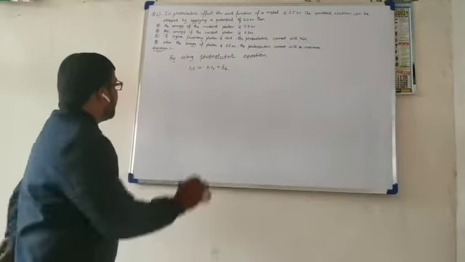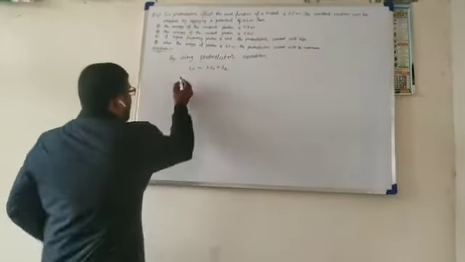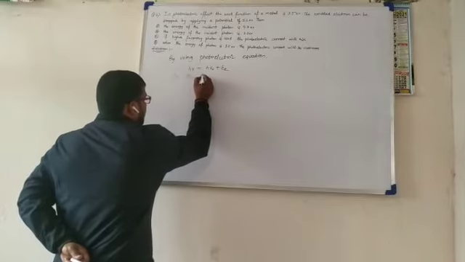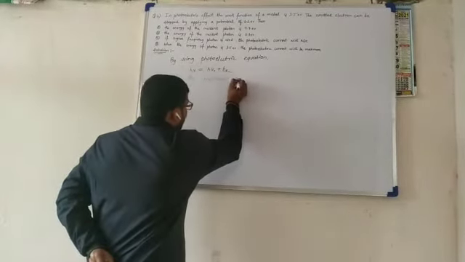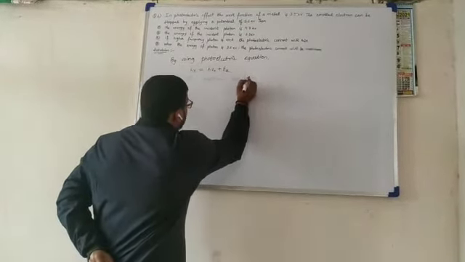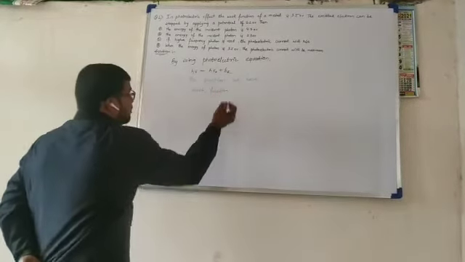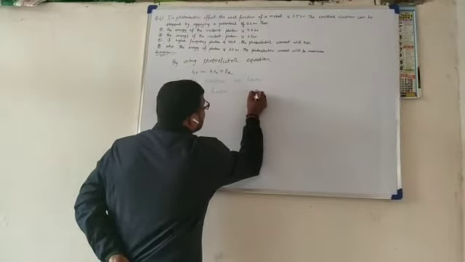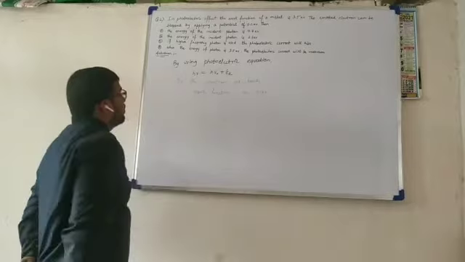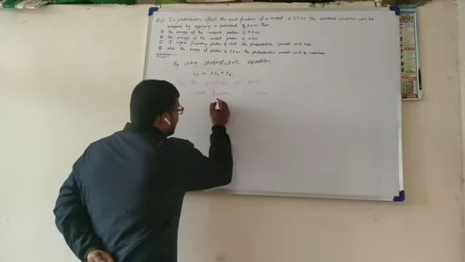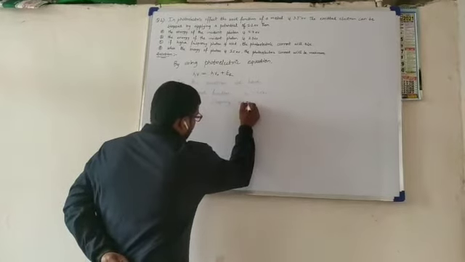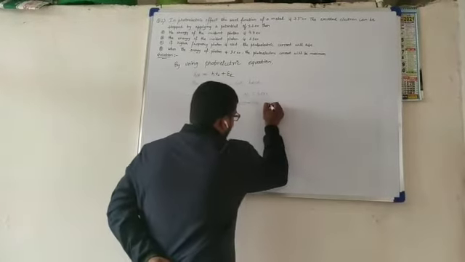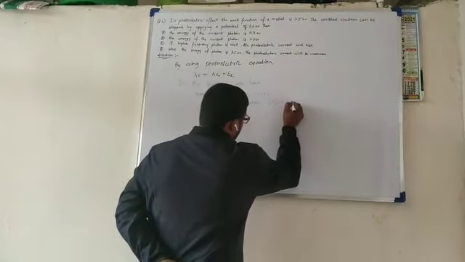So in the question we have been given the work function W naught equals 3.5 electron volt, and the value of the stopping potential, represented by Vs, is minus 1.2 electron volt.